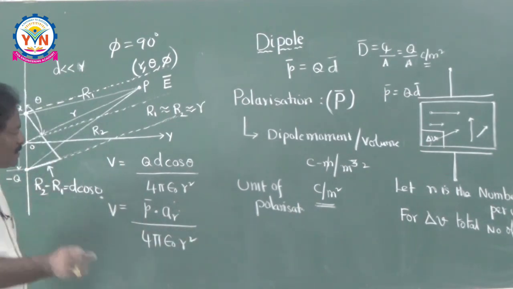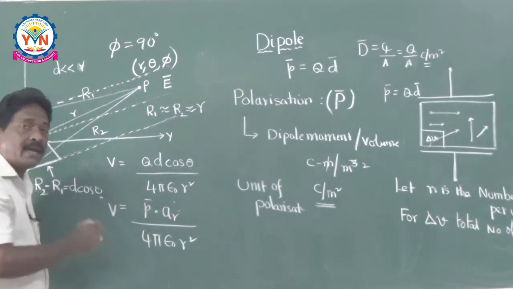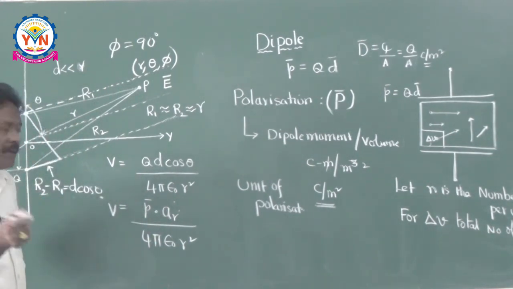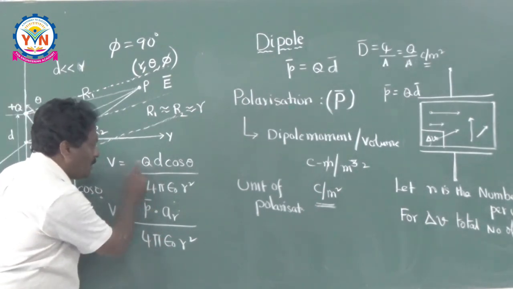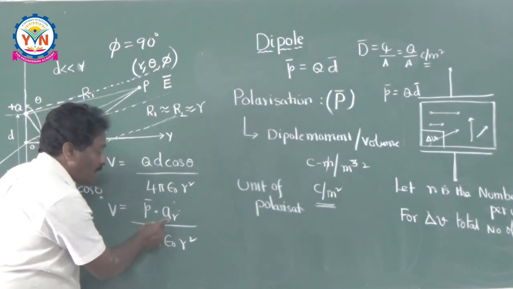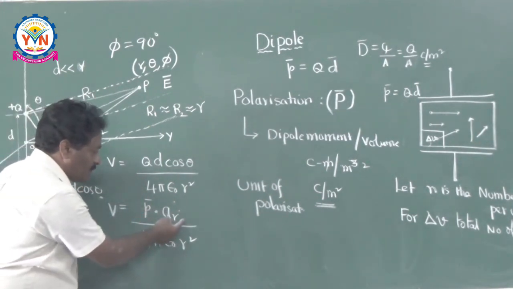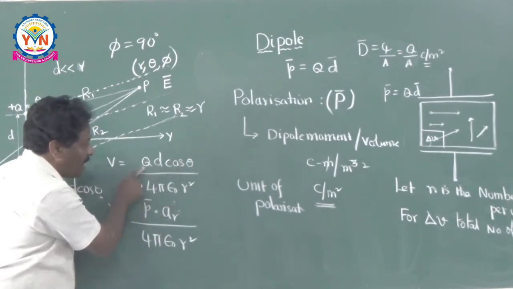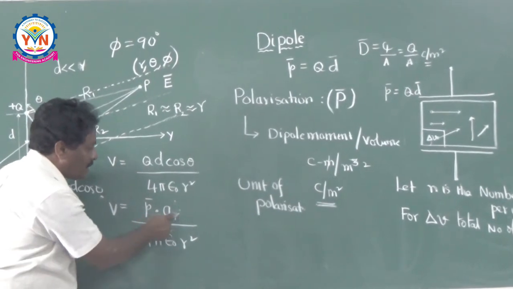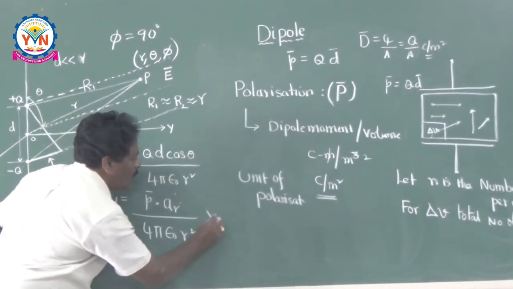Now see friends, P bar dot AR means P bar into AR cos theta, because A dot B is equal to AB cos theta. P means QD, and AR has unit magnitude 1, so the dot product gives cos theta. So in place of QD cos theta I can substitute P bar dot AR, divided by 4 pi epsilon naught into r square volts.